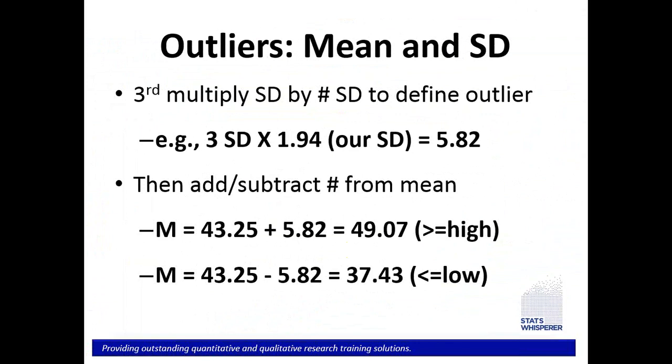Then we do the same on the next line, where the mean 43.25, we minus 5.82, and that gives us 37.43. So any score for income below 37.43 is going to be an extremely low score. Don't forget, these incomes are measured in thousands, so 37.43 is $37,430.